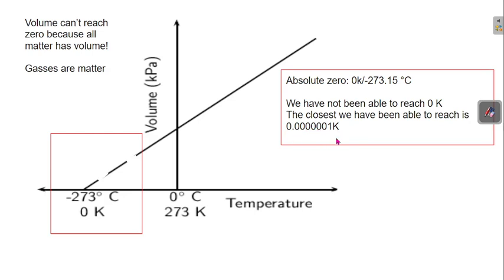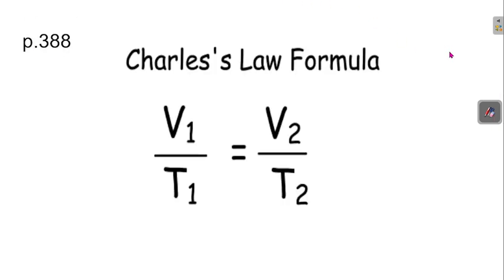So very close to 0 Kelvin, but not quite. Okay, and know this: volume cannot reach 0 because all matter has a volume, and gases are matter. So you need to be able to explain this back to me, understand it, and explain it back to me.